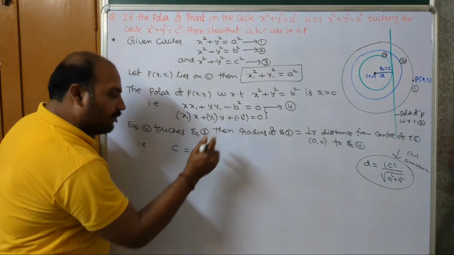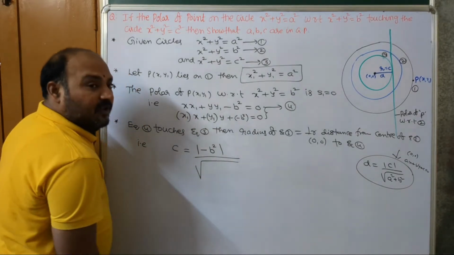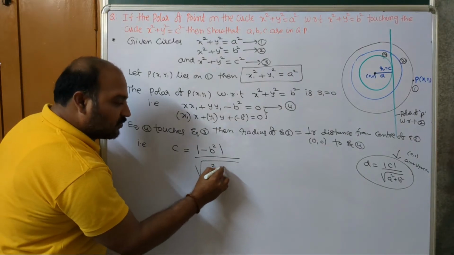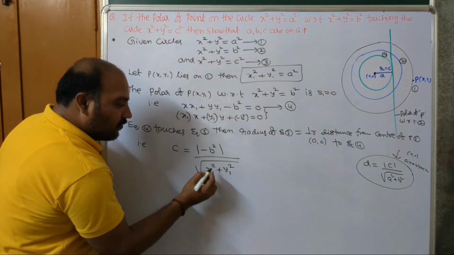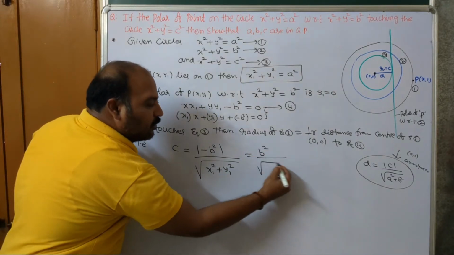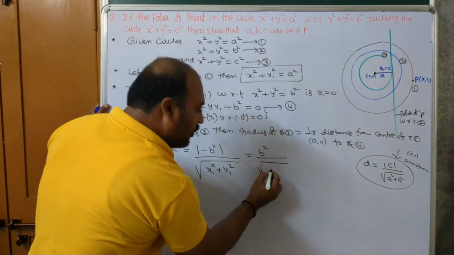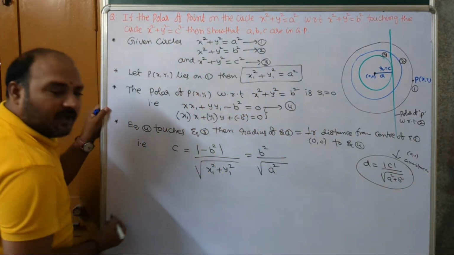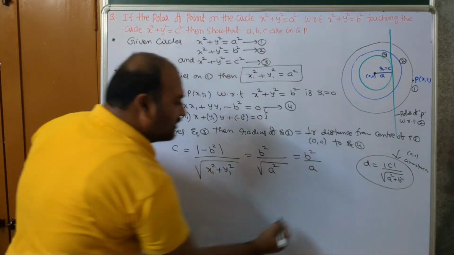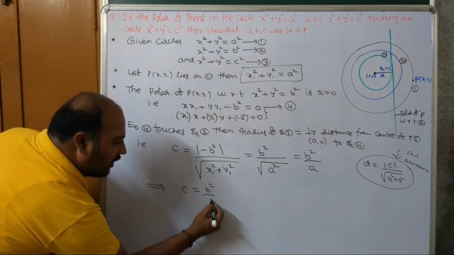The c value is here: mod minus b square by root over the x coefficient whole square, that means x1 square plus y1 square. Mod minus b square is b square by square root of x1 square plus y1 square. From this result, this is equal to a square. So that is equal to b square by root a square, which is a. So c is equal to b square by a.